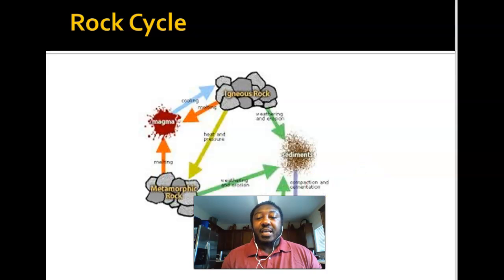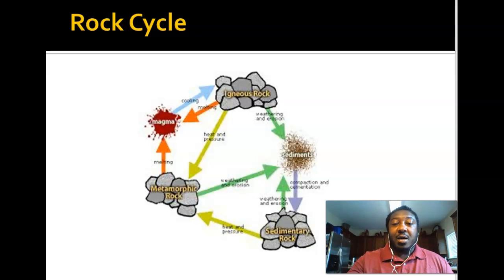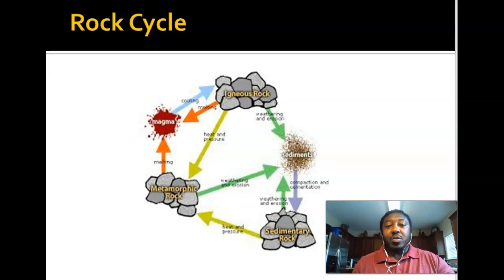All right, the next thing we're going to take a look at is just the overview of the rock cycle. We talked about this a little bit last week. The rock cycle is just the processes by which rocks change from one type of rock to another type of rock. Any rock that melts is going to turn into magma, and when that magma cools and solidifies, it's going to form an igneous rock.